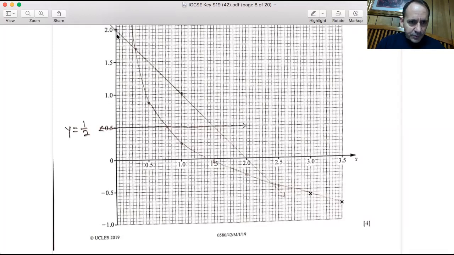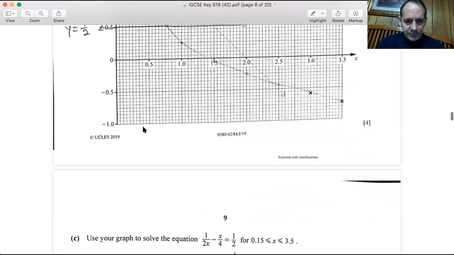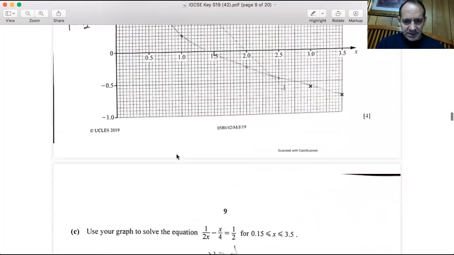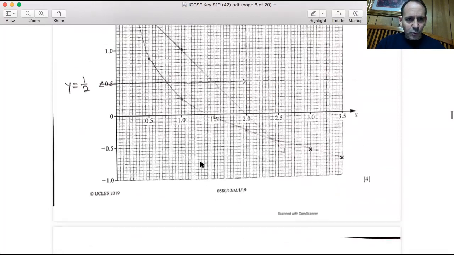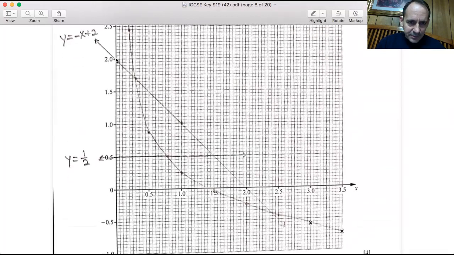So you go down one scale point and over one scale point.